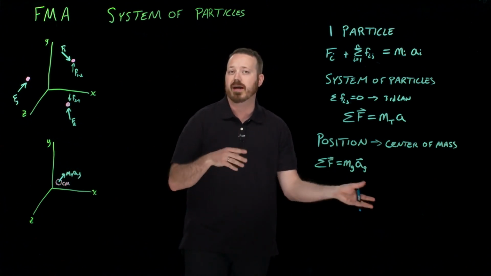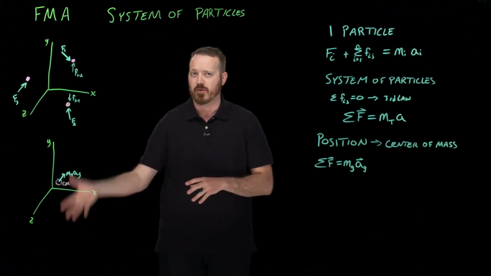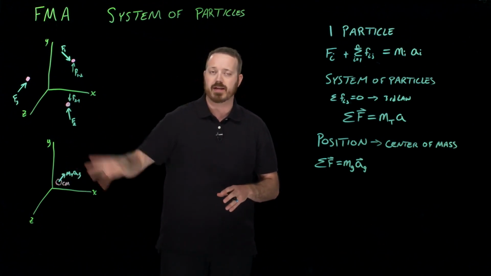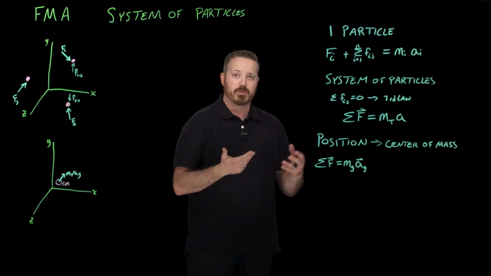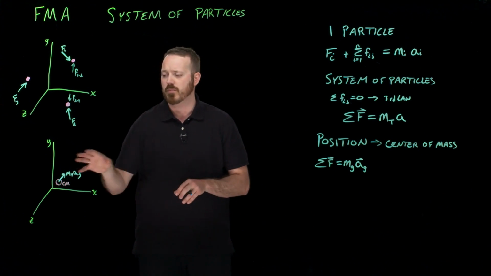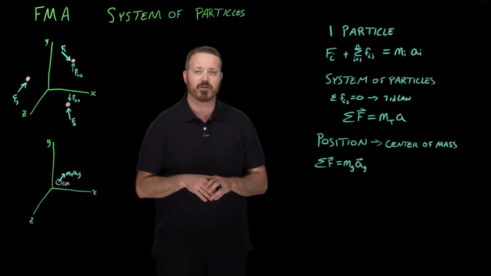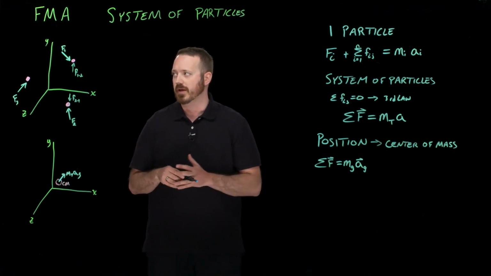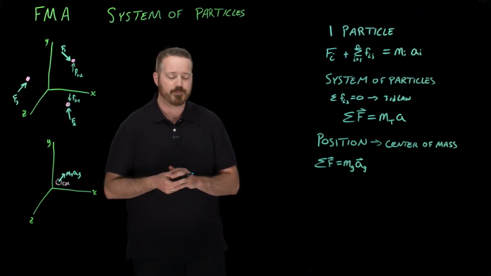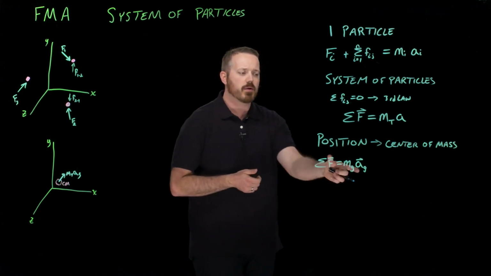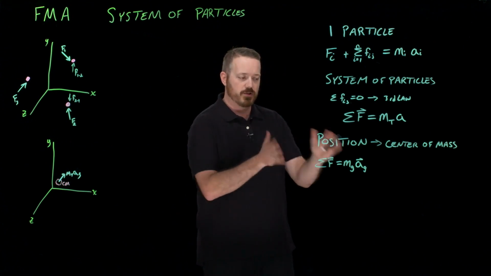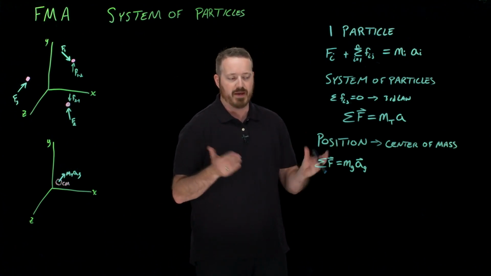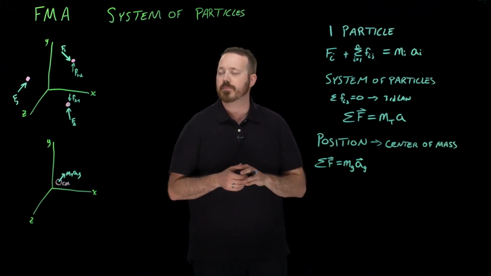I could have also done it at the origin. So how the origin, if we've got a moving, rotating origin, is accelerating, but most often we care about how that center of mass appears to be moving with respect to time. So that's one important aspect, and that's the direct application of our FMA method, force equals mass times acceleration.